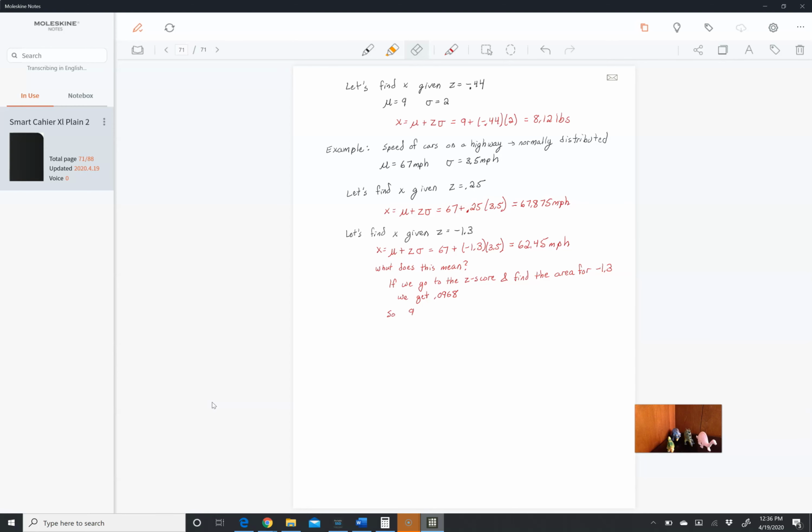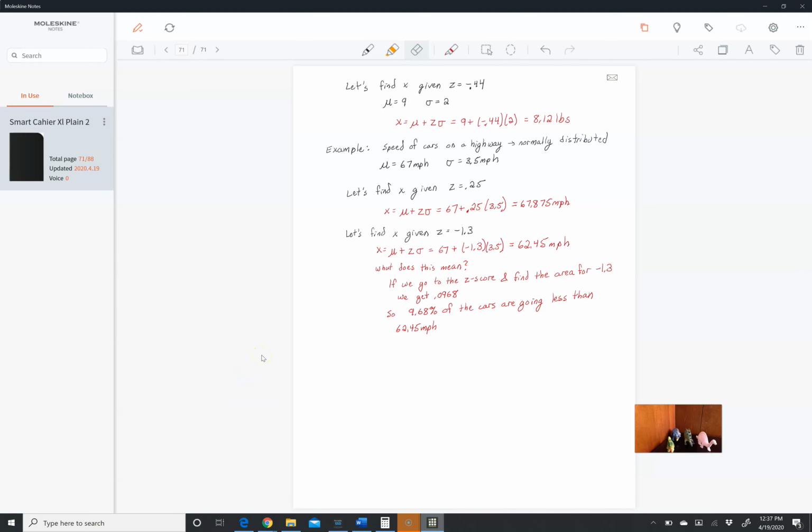So 9.68% of the cars are going less than 62.45 miles per hour. That's what it tells us, okay?